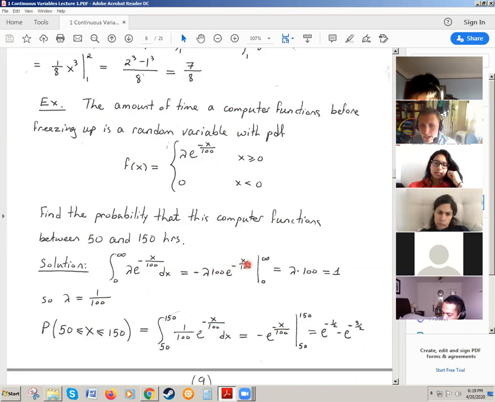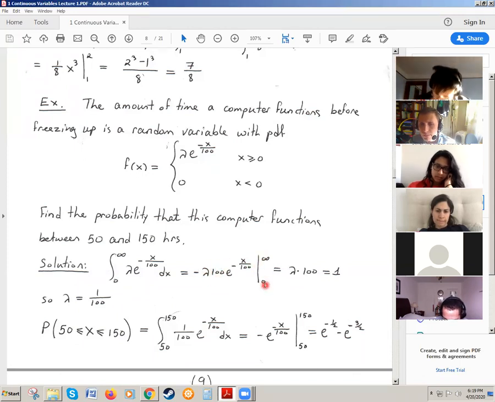So I guess the antiderivative is e to the minus x over 100, and that's not quite a correct guess, because when I differentiate, a minus 1 divided by 100 pops out, which means I need to compensate by multiplying by minus 100. So we have this expression.